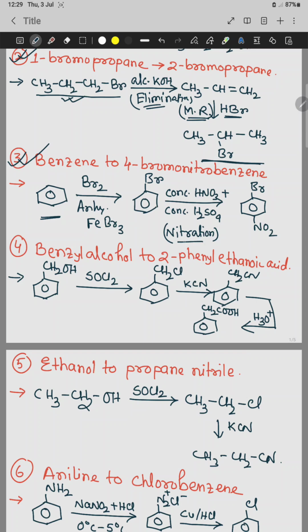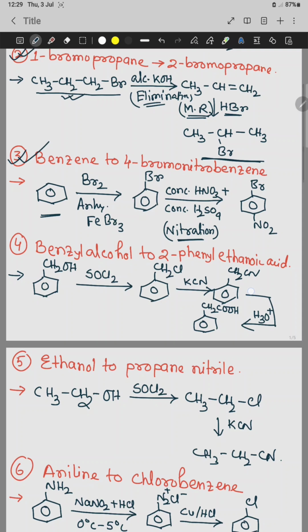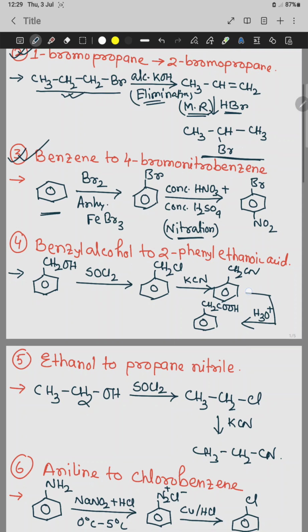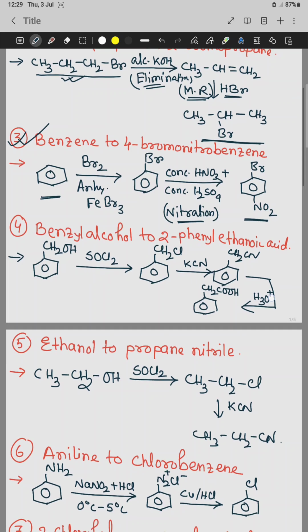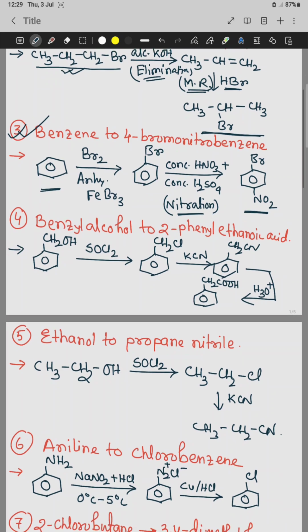So when we do the nitration, we will get two products: one is ortho-nitrobromobenzene and another one is para-nitrobromobenzene. We want only the para-nitrobromobenzene. Although we know that among para and ortho, para is the major product and ortho is the minor product, here in this conversion we just want 4-bromonitrobenzene only.